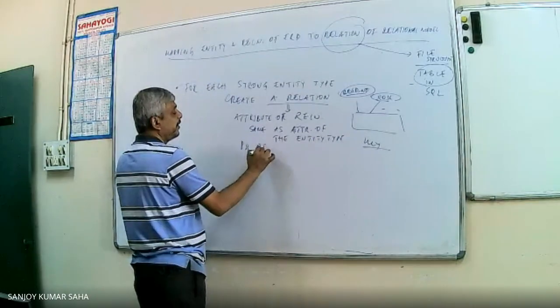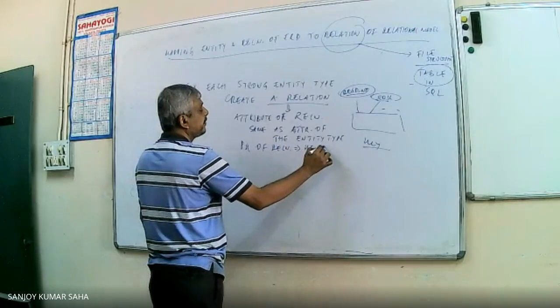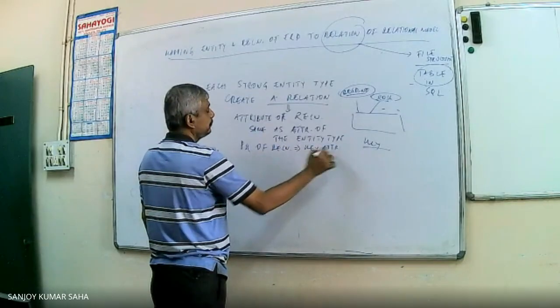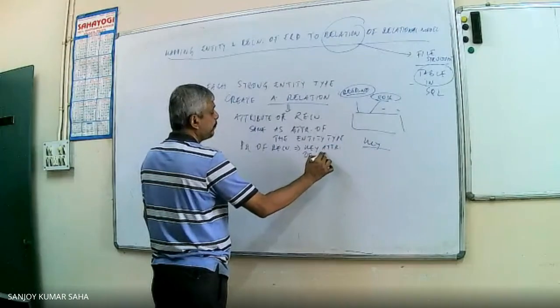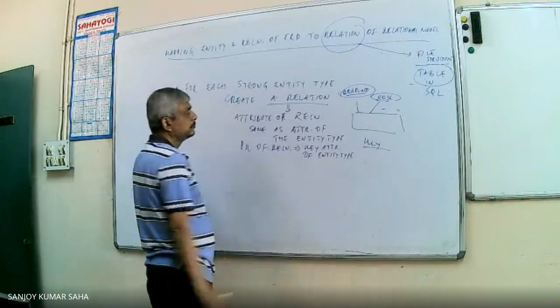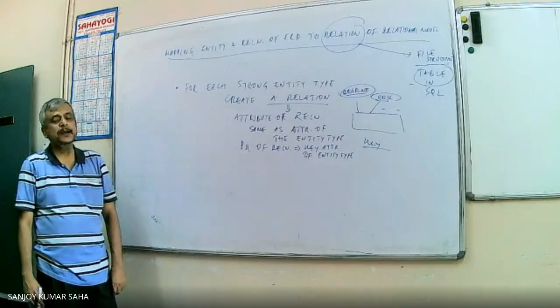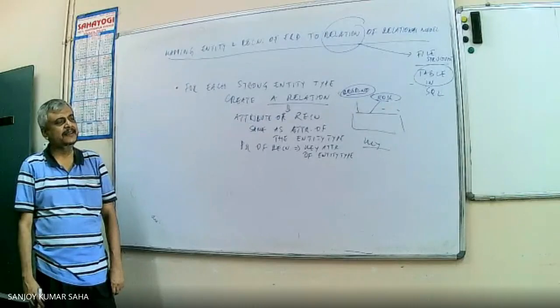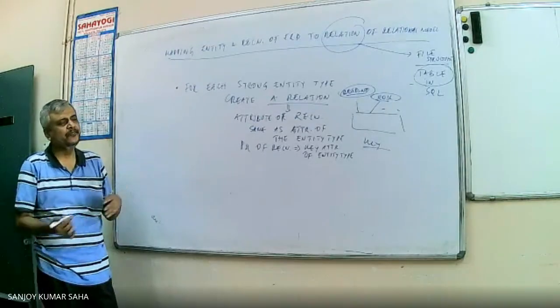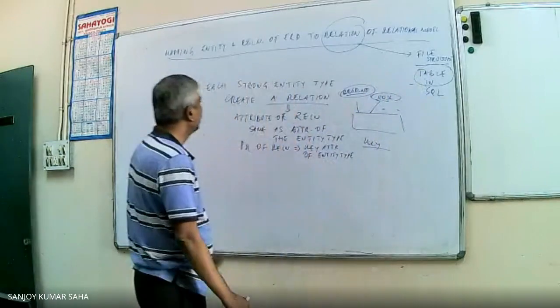And the primary key of the relation is the key attribute of the entity type. If we have multiple candidate keys, each candidate key will be unique, so we can have some type of support in SQL that we will see later.